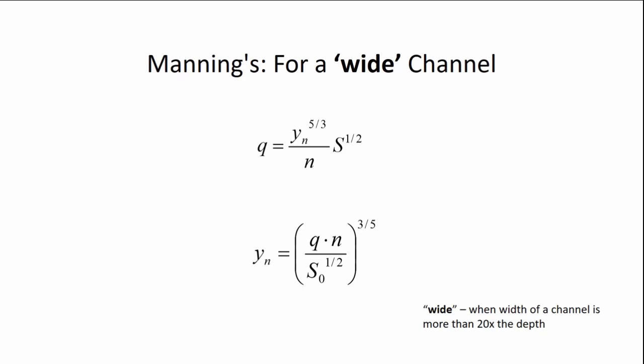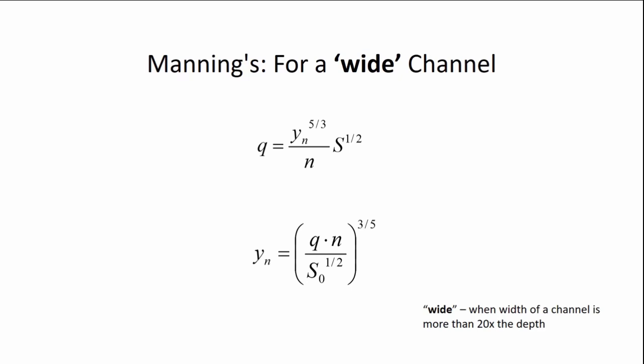One other implication of the wide channel assumption is that there's a simplified way to solve for the normal depth. Normally when we are using Manning's equation and solving for the normal depth, for whatever the shape is, Q equals A to the 5/3, slope to the 1/2, and P to the 2/3.